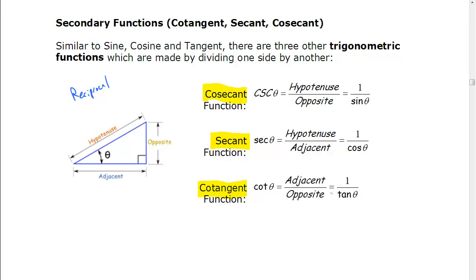So those are much more common, but these do turn up from time to time, so it is important to know when you see SEC what that means and how to relate it to cosine and how to evaluate it. Again, as with sine, cosine, tan, they're dependent on the angle, so we see each one has the angle theta. Opposite refers to, in this case, across from theta, adjacent is next to theta, and the hypotenuse, of course, is opposite of the 90.